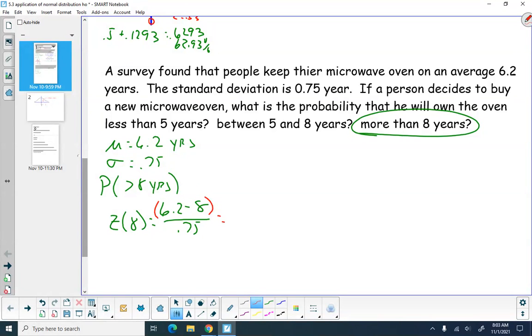Justin, what do you give for a z-score for 8? 2.4. So we have 2.40. All right.